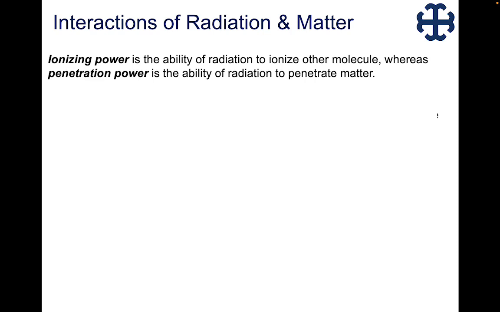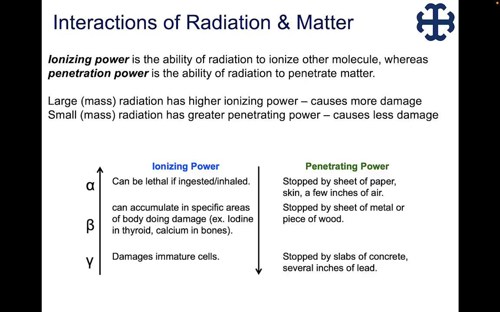And so 2 things that we often care about with radiation are the ionizing power, which is the ability of that particular radiation to ionize another molecule. And we also have penetration power, which is the ability of the radiation to get through matter. So not just be absorbed by matter, but go through it.